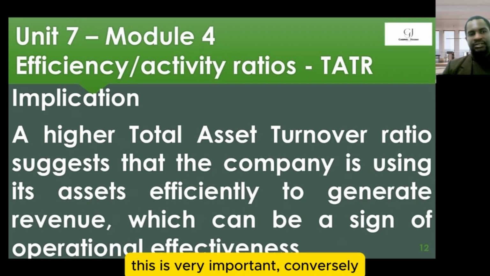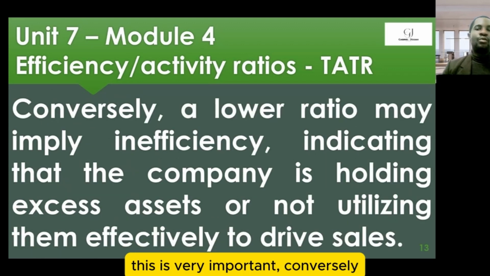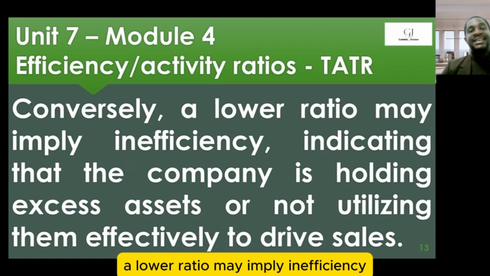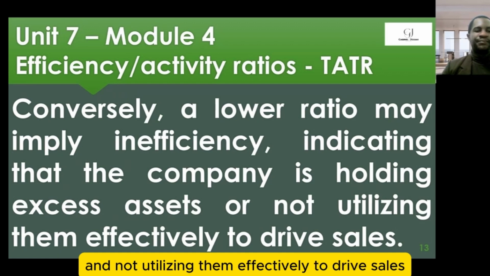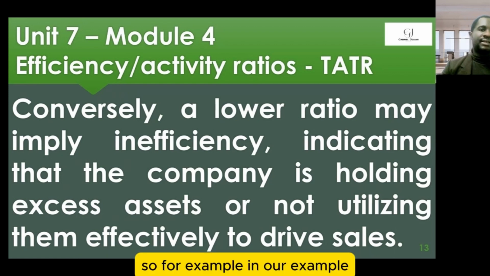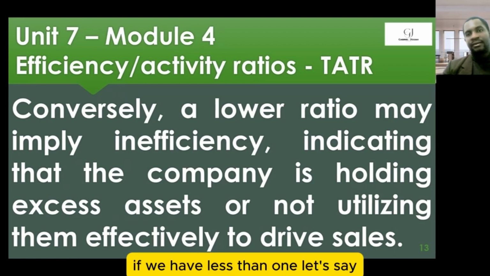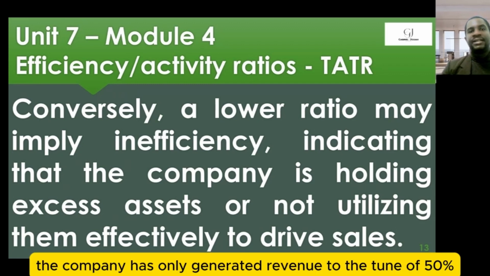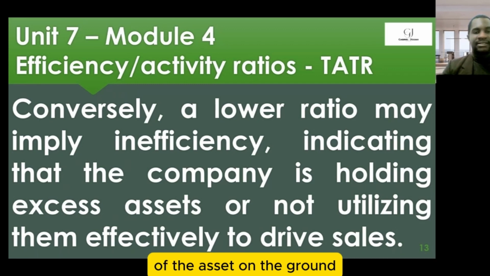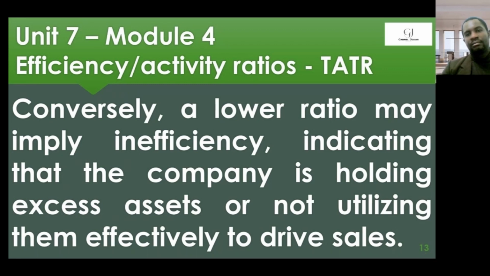This is very important. Conversely, a lower ratio may imply inefficiency, indicating that the company is holding excess assets and not utilizing them effectively to drive sales. So for example, if we have less than 1, let's say 0.5, it shows that the company has only generated revenue to the tune of 50% of the asset on the ground.